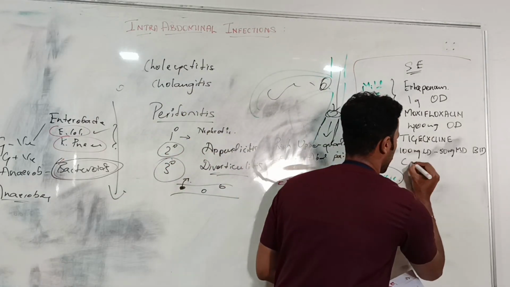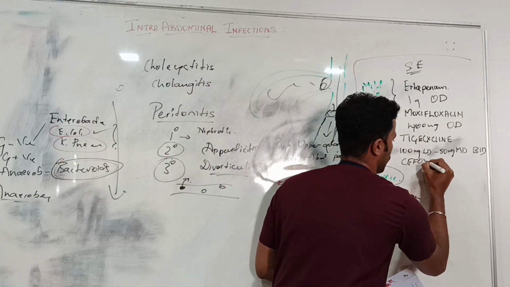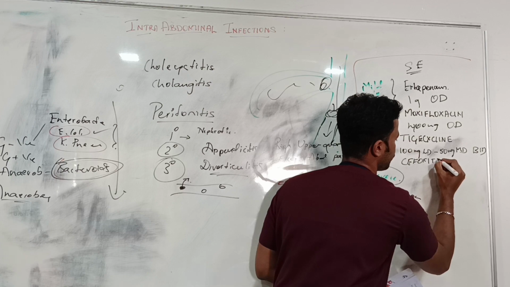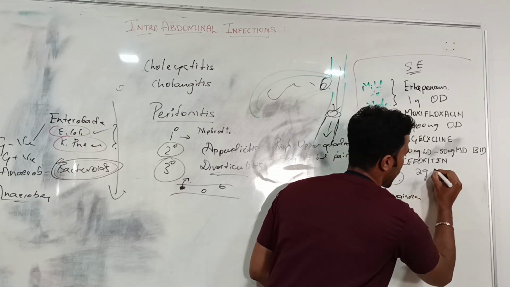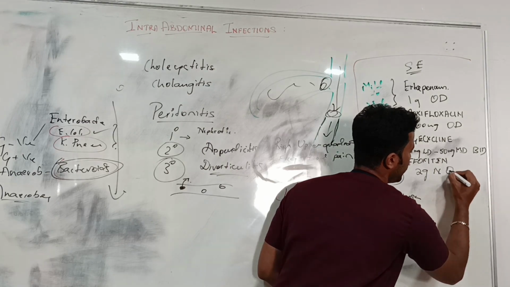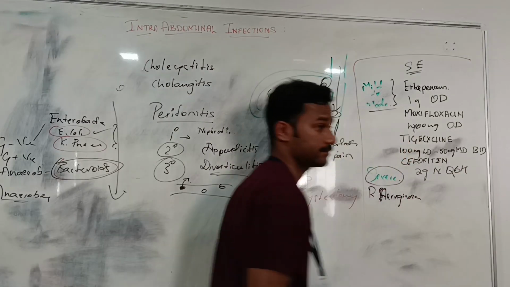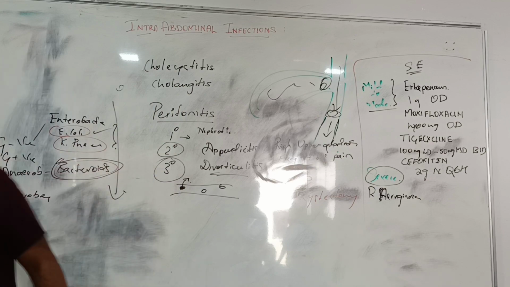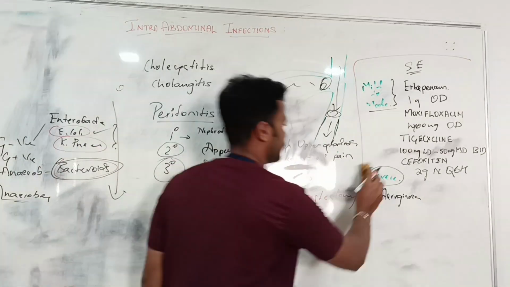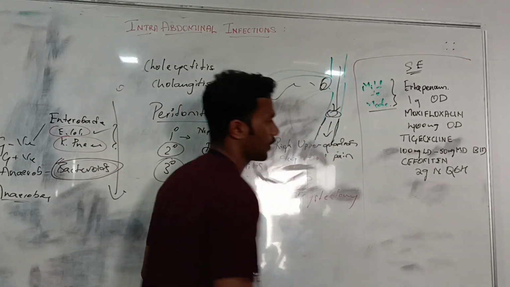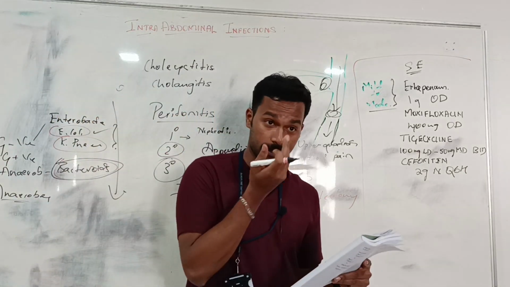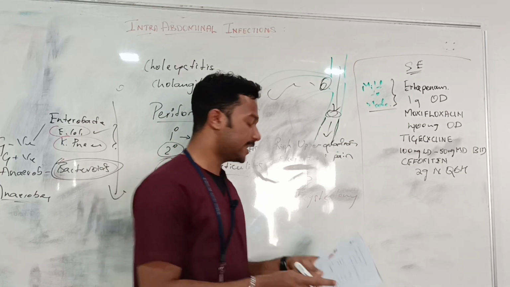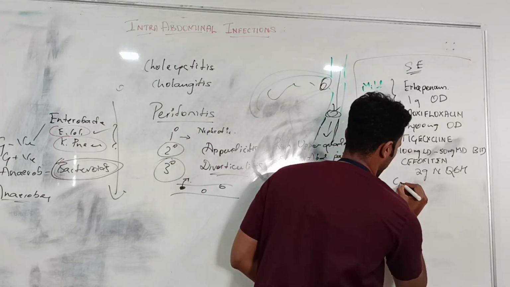Another thing is cefoxitin. So again, this is 2 grams IV every 6 hours. It's again time dependent. Okay, these are the monotherapies which are used, and then coming to the combination.